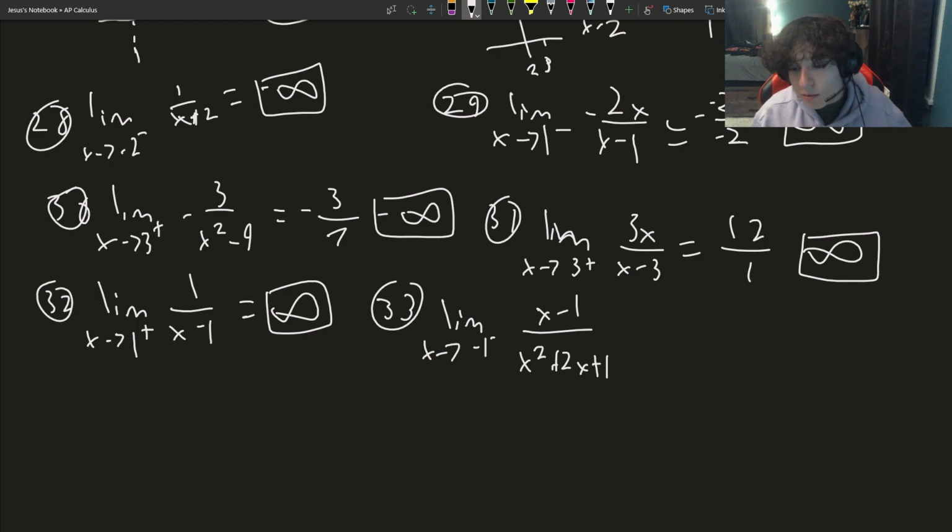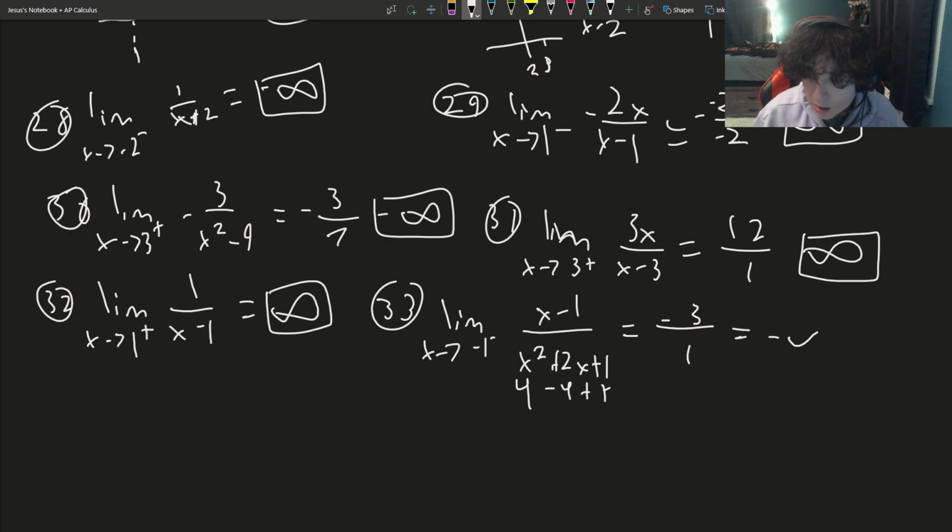And we can't choose negative 1 because then it cancels out in the bottom. And it's from the left, so we put in negative 2. So then that would be negative 3 on top. Negative 2 squared would be 4, so it would be minus 4 and then plus 1. So then it would be 0 plus 1, which is 1, over a negative 3, so then it would be negative infinity.